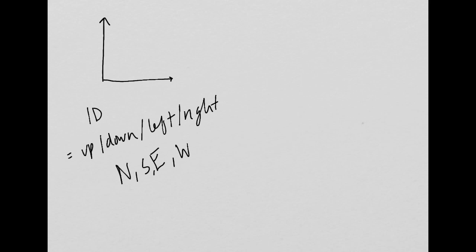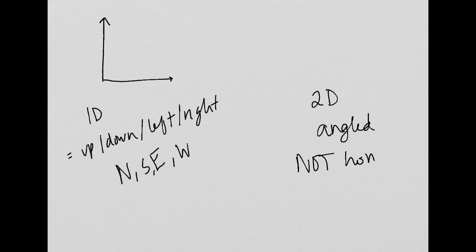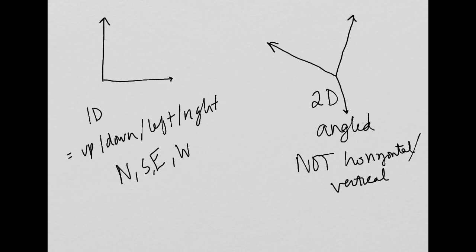But when we have our 2D vectors, those are angled vectors. They are not horizontal and vertical. They are angled away from horizontal and vertical. They're things like that, or that, or that, right?